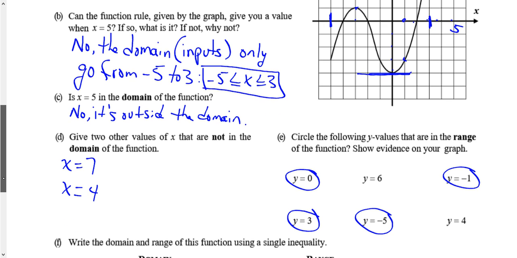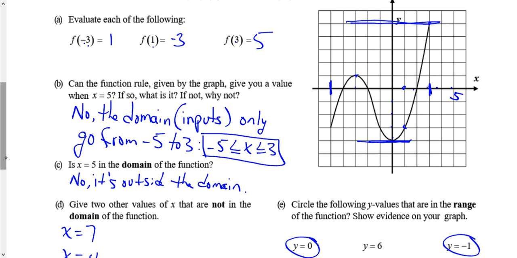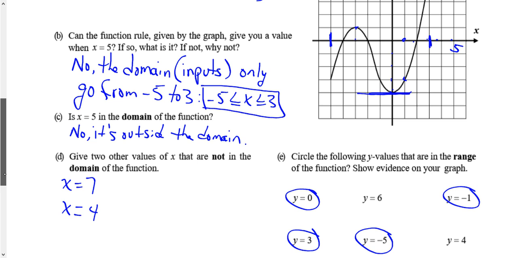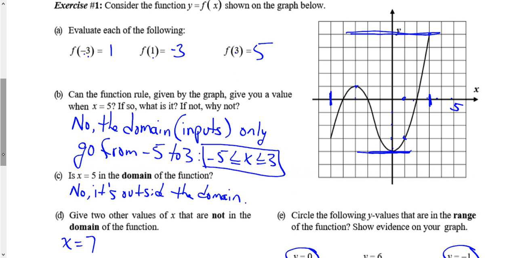What is the range? 1, 2, 3, 4. Oh, that's -4. Okay, yeah, I miscounted. I thought it was -5. So -4 up to how high? So this is -4 up to 5, right? Okay. Anything outside of that, we say it's outside the range.